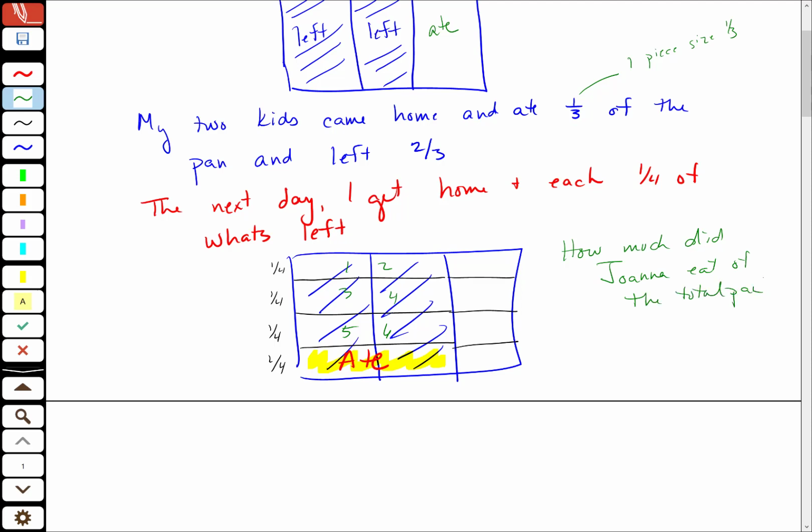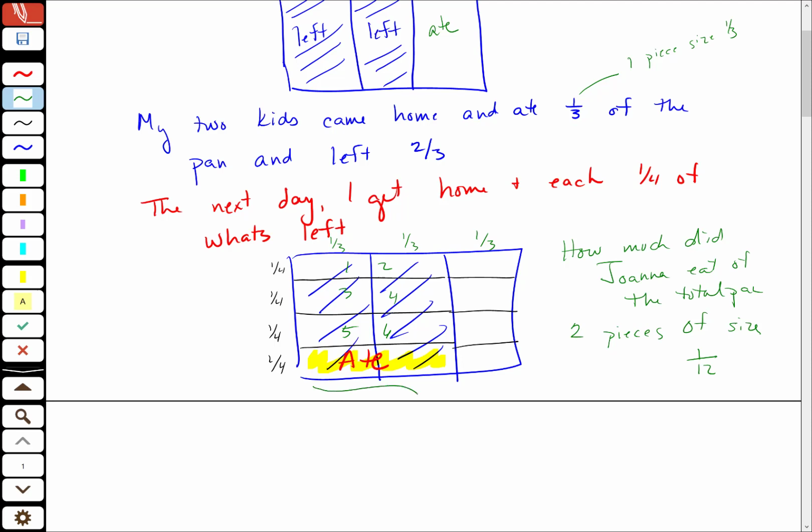And really this tells me that I ate 2 pieces, and the size of those pieces is 1/12, because there are these 12 total pieces. So here's a third, a third, right? So there's a 3 by 4.